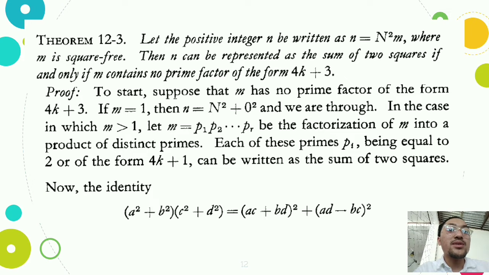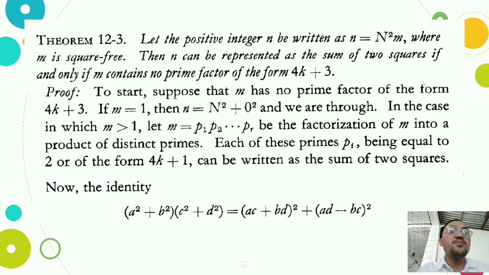Proof: to start, suppose that m has no prime factor of the form 4k plus 3. If m equals 1, then n equals N squared plus 0 squared, and we are through. In the case in which m is greater than 1, let m equals p sub 1, p sub 2, up to p sub r be the factorization of m into a product of distinct primes.